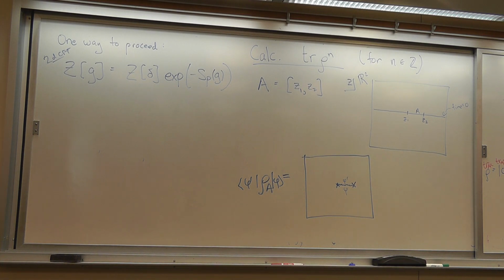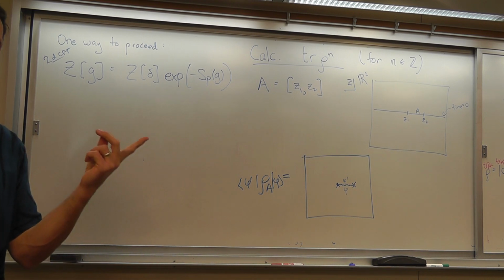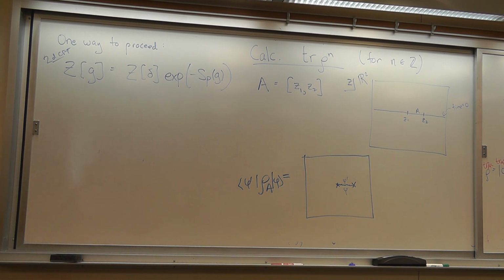So in principle, we can calculate the path integral on an arbitrary topologically trivial manifold. As we're going to see, this manifold is topologically a sphere. So this formula would work in principle.